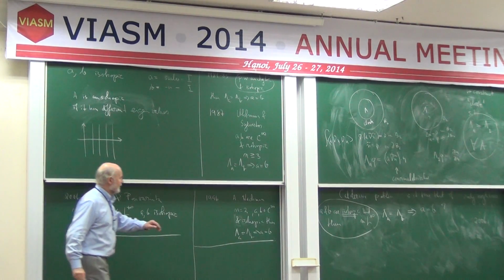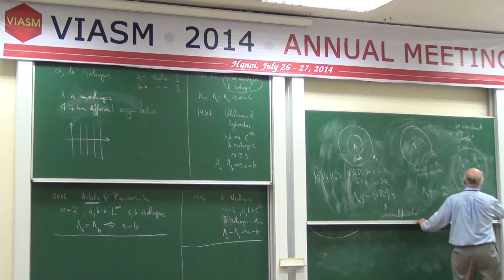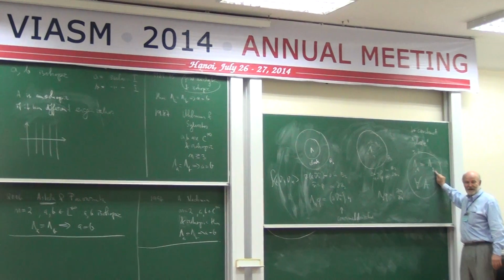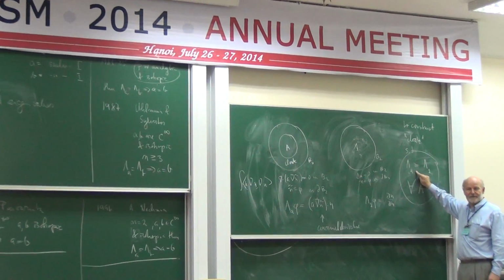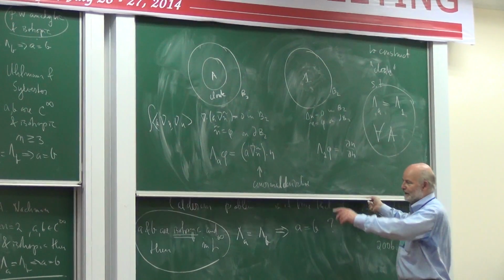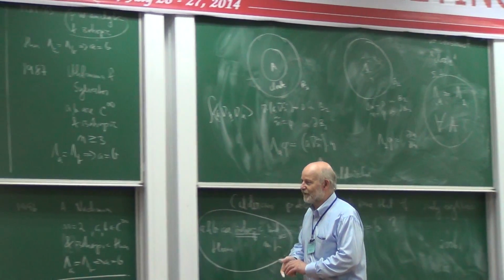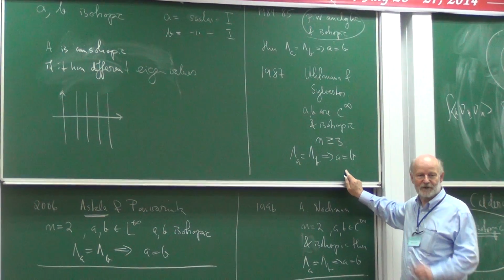Okay, so now you can see where I'm going to have a terrible problem up here. Because lambda A cannot be equal to lambda 1 if A is isotropic. Basically, I'm going to be in trouble if I believe, well, it doesn't really matter what I believe, but do people believe that in 3 dimensions the same result holds?